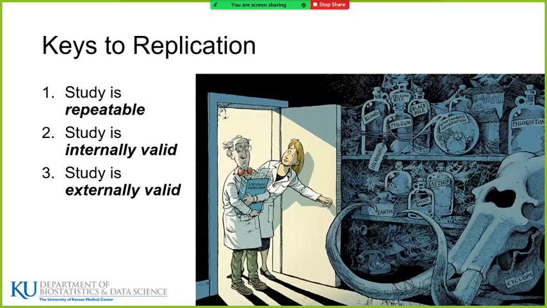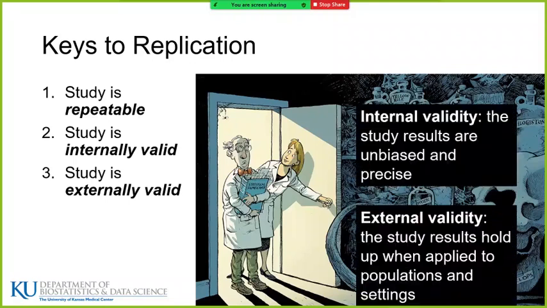The second and third characteristics are the things that we usually learn about, and that's the idea of internal and external validity. Internal validity just means that the results produced by the study are accurate. They're unbiased, which means that they've hit the target. They're very close to the truth, and they're precise, which means there's not a lot of uncertainty in the finding.